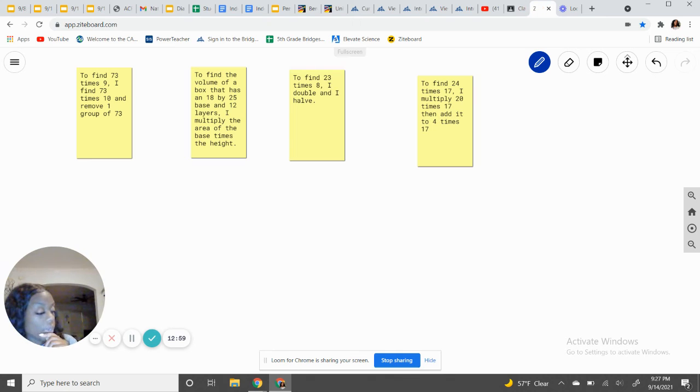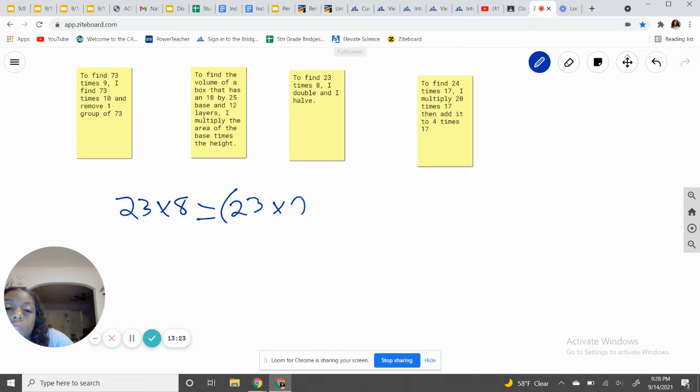So here's the first thing we're going to do. See if I can write 23 times 8 equals what they say I should be able to do. Double, how do we want to show this? I want you guys to really get used to these parentheses. Doubling my odd number, 23, times halving my even number.